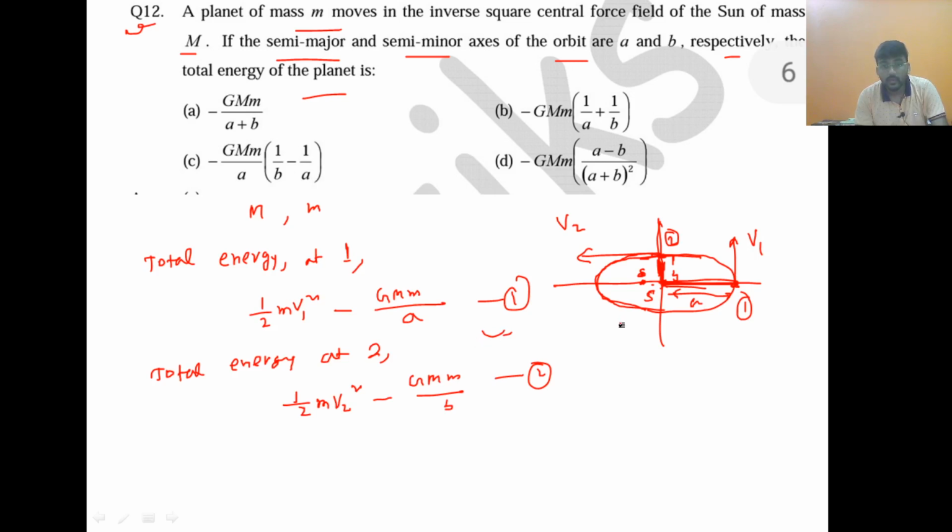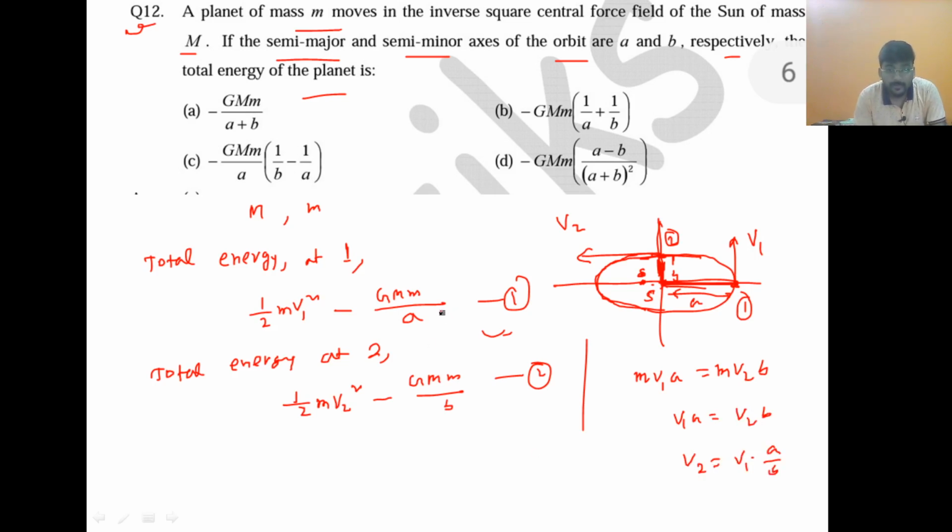So what we can do is use the law of angular momentum conservation, because it is motion under a central force. So for these points, m v1 a is equal to m v2 b, so v1 a is equal to v2 b, and v2 will be v1 into a by b.